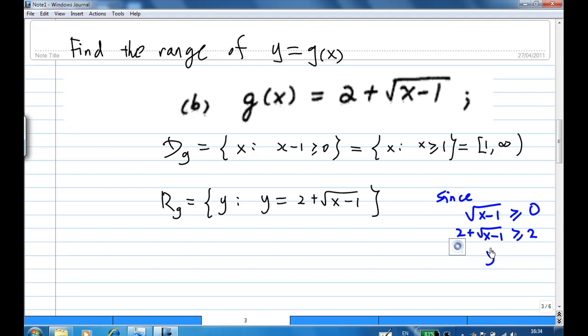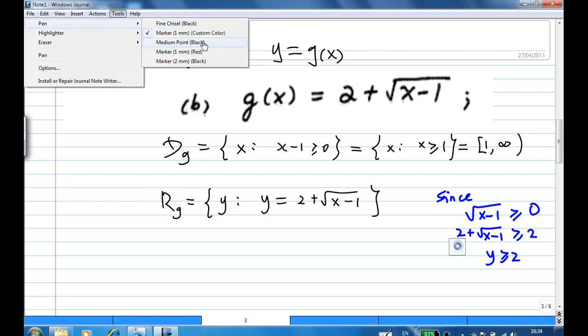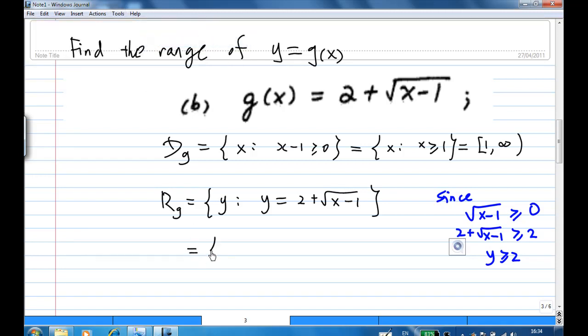So y = 2 + √(x − 1) will be greater than or equal to 2. So the range of g consists of y greater than or equal to 2. So this is the interval from 2 to infinity including 2. That will be the range of g.